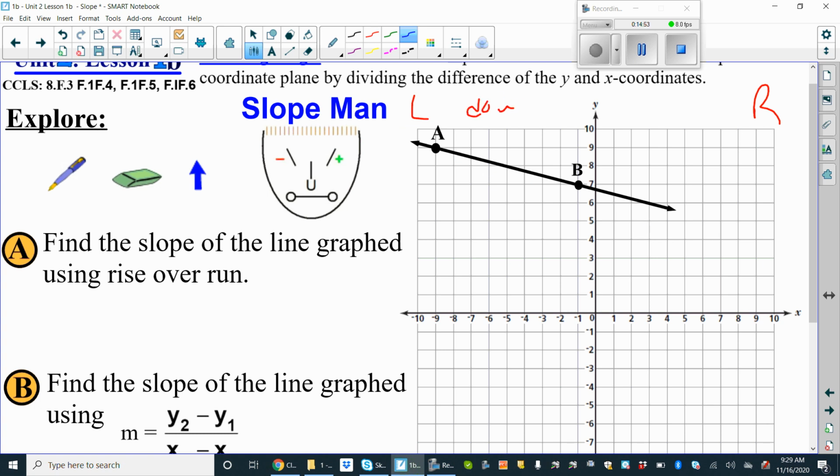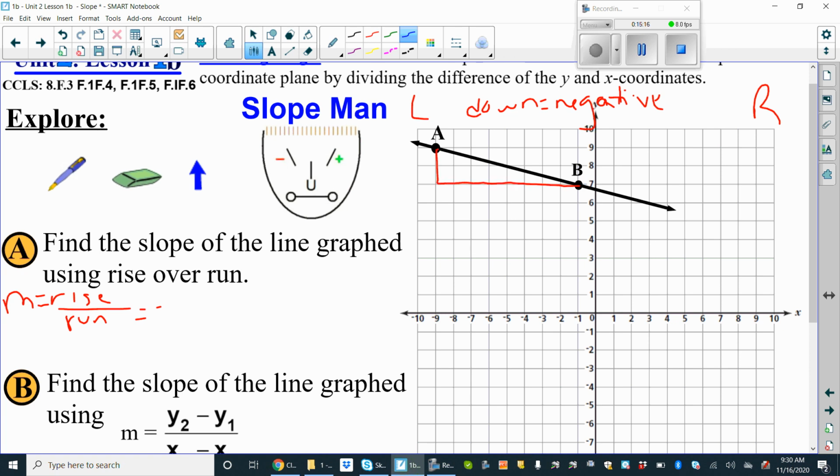So it is negative. So therefore, we're going to write m equals rise over run, and right away put the negative sign.